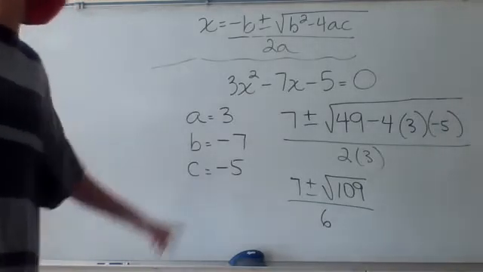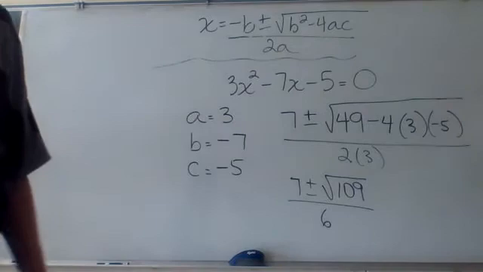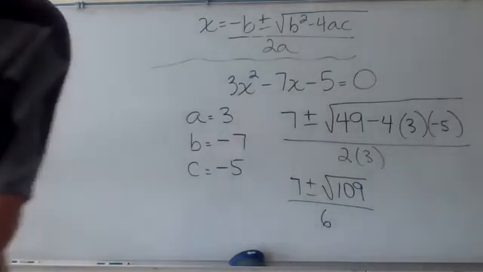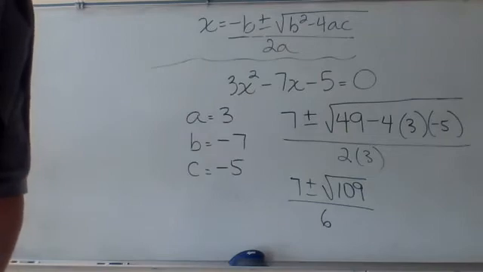To get the approximate, you do 7 plus the square root of 109. So 7 plus second square root 109. And then divide that by 2.